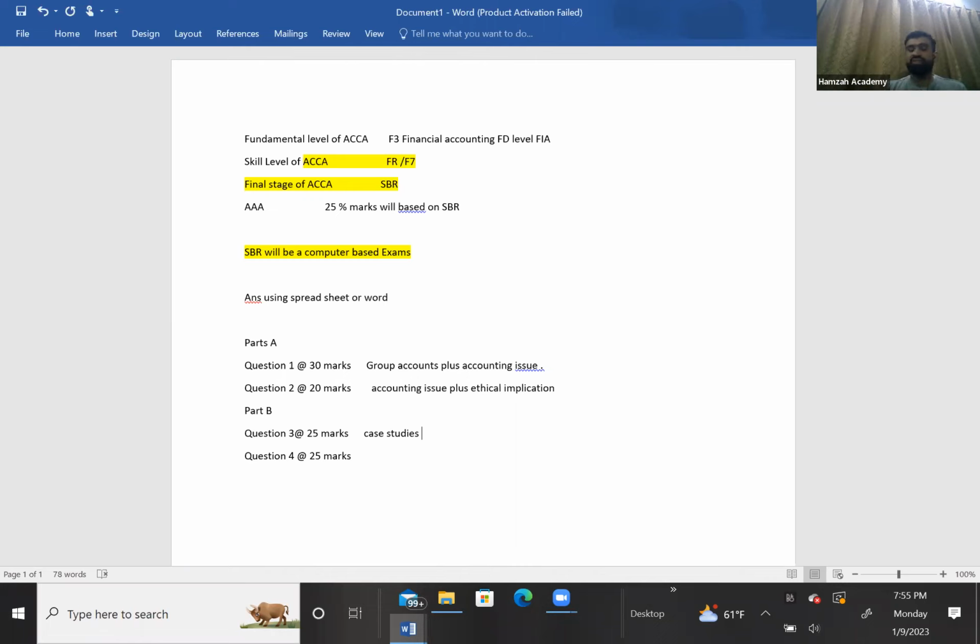So keep this in mind as well, that the 20 professional marks will also be available in your exam. Previously, they were available only for AFM or AAA paper or ATX, but now they are available for SBR and SBL as well.